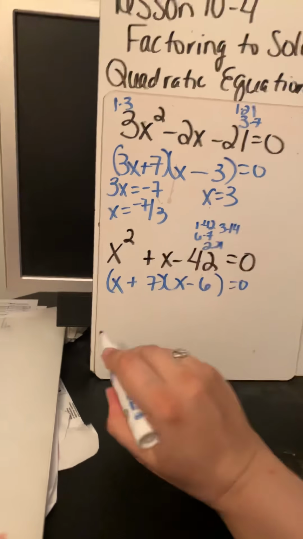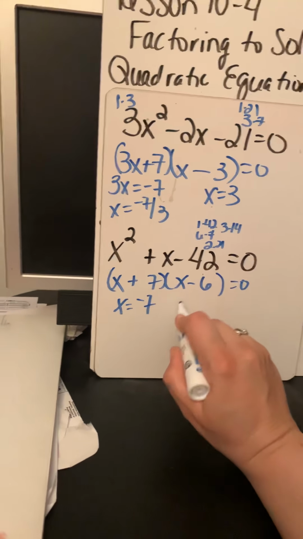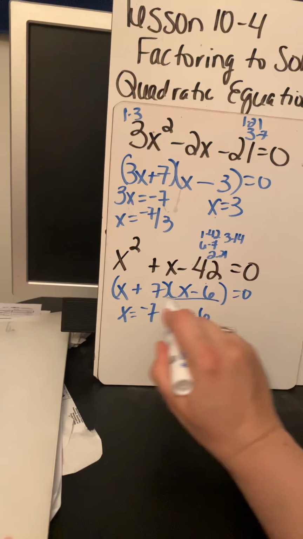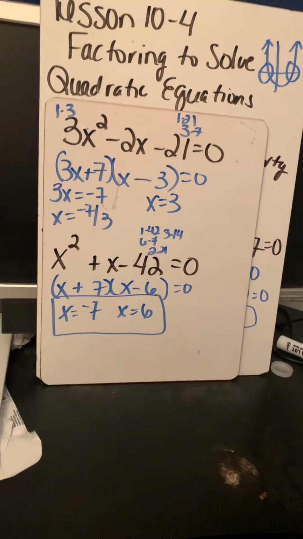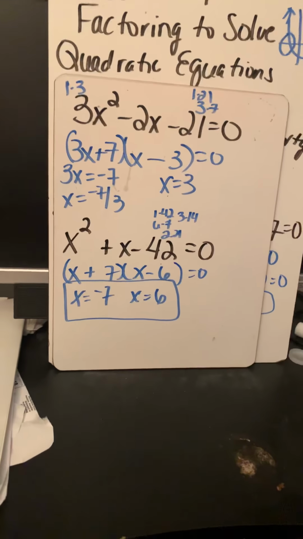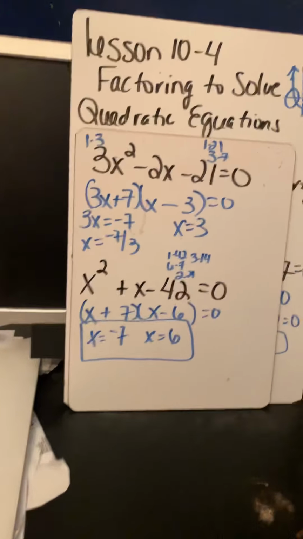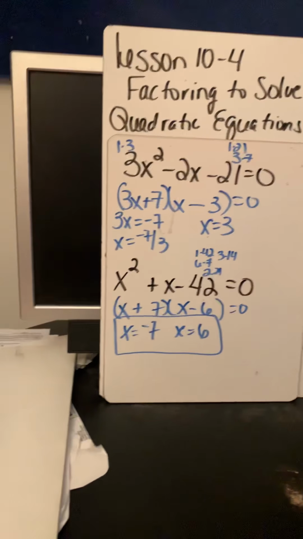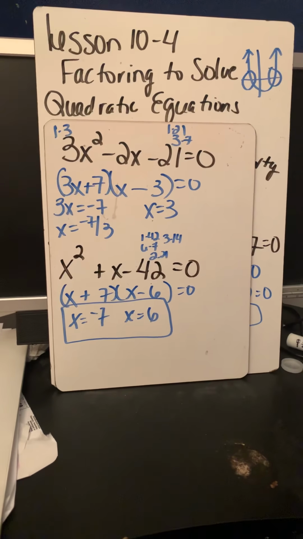I kept my equals 0 there. So my two solutions, flip the sign. X equals 6. Done. So again, all you're doing is factoring, like you have done multiple times now. And then you're taking those two factored parts and setting them equal to 0 and solving for x. So basic algebra, back to the basic algebra.